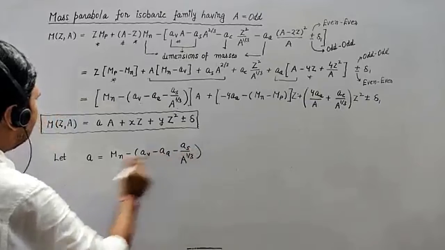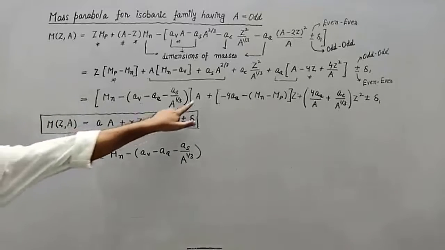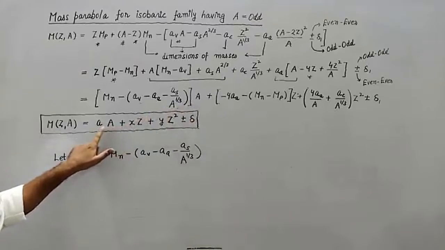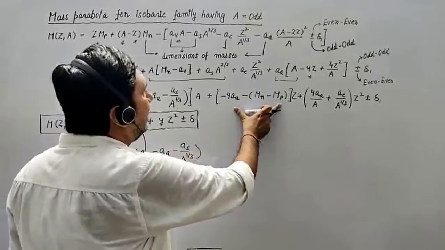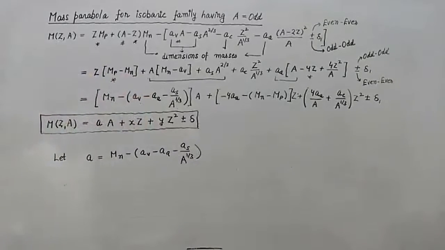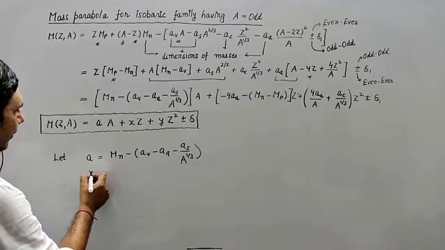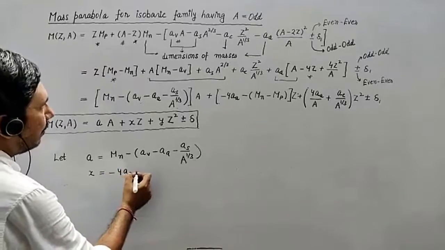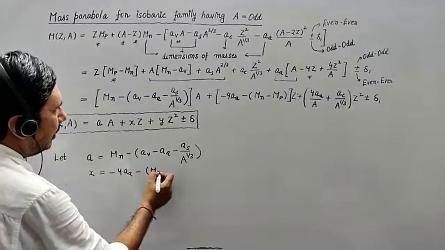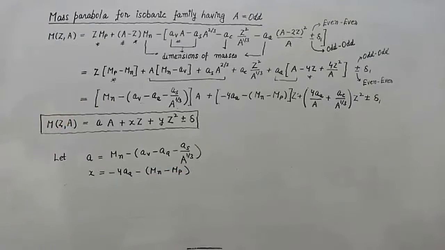We are assuming that this is equal to small a. So the first term will become a, plus the second bracket, which I am assuming as X. So I have written X equal to minus 4Aa minus (Mn minus Mp). This is equal to X.